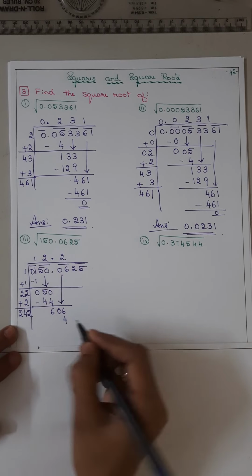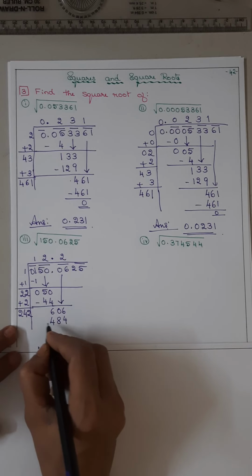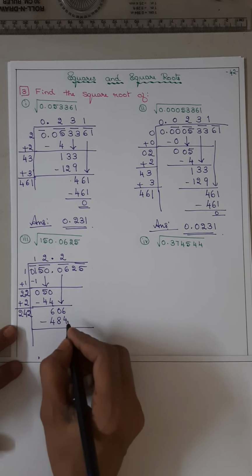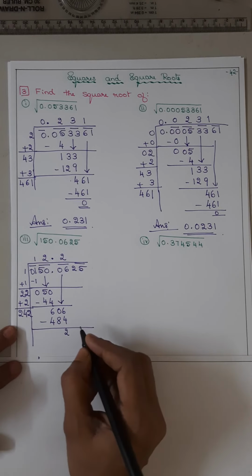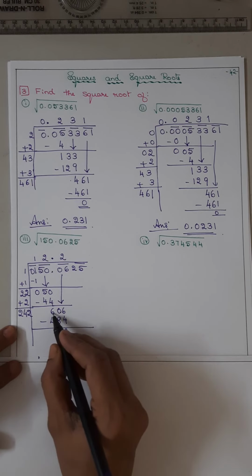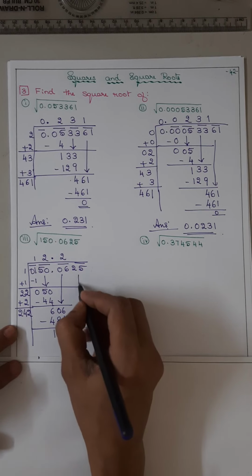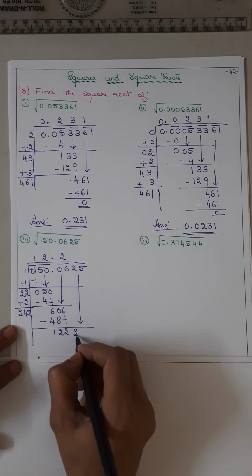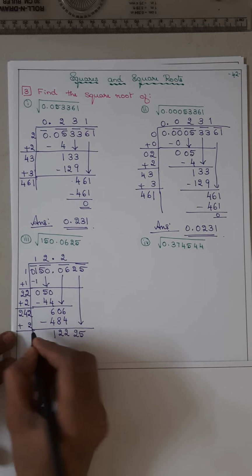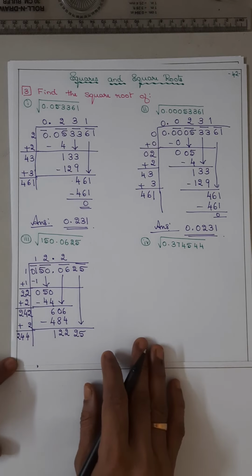2 2s are 4, 2 4s are 8, 2 2s are 4. Now 6 minus 4 is 2. Here it is 10 minus 8, 2. Here it is 5 minus 4, 1. Now bring this 25 down. Add 2, you will get 442. Okay.